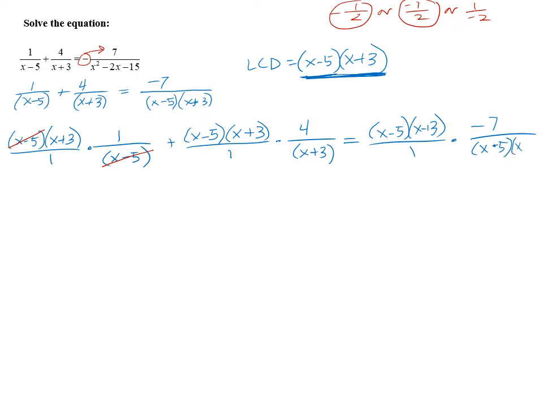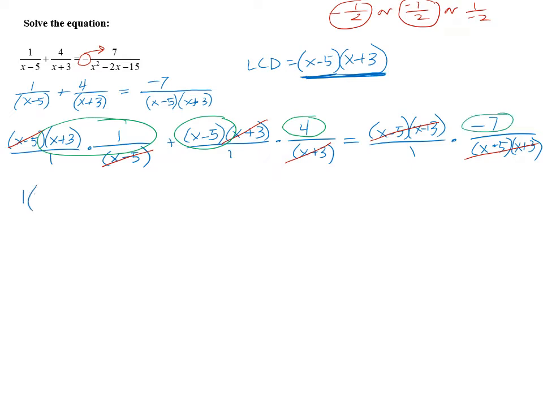And then have some fun canceling, because I can cancel the x plus 3 in the second fraction. I can cancel the entire denominator on the fraction on the right side. So what's left is going to be the 1 times x plus 3, 4 times x minus 5, and then just the negative 7. So let's write that out.